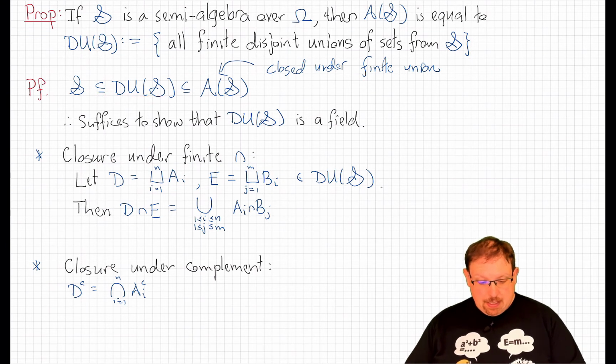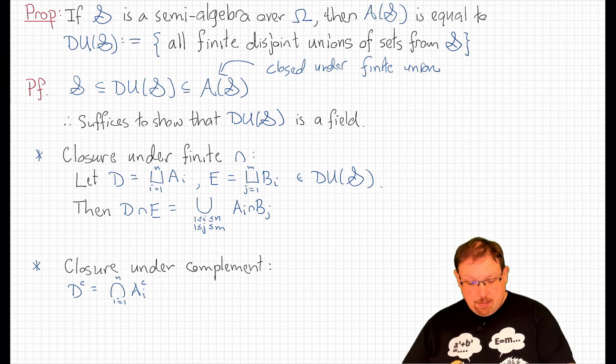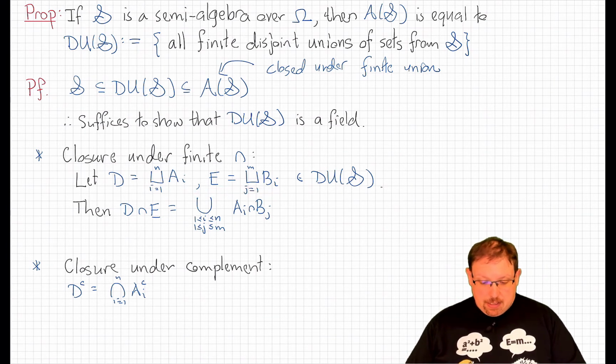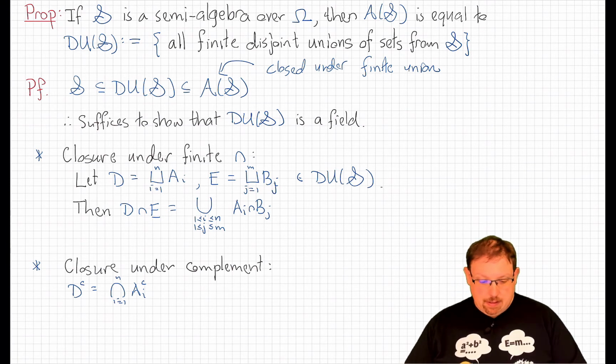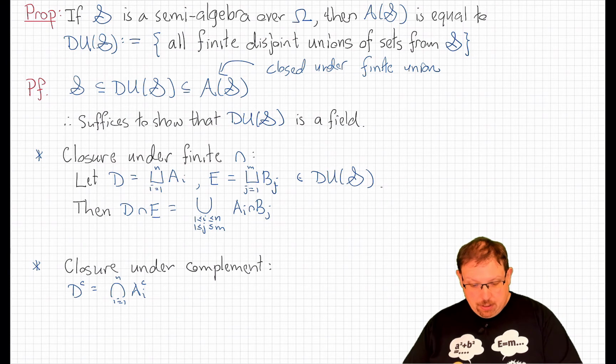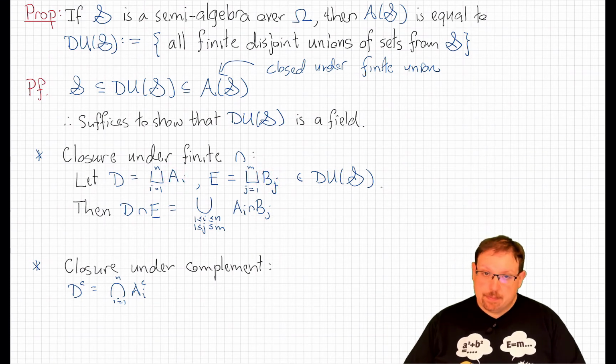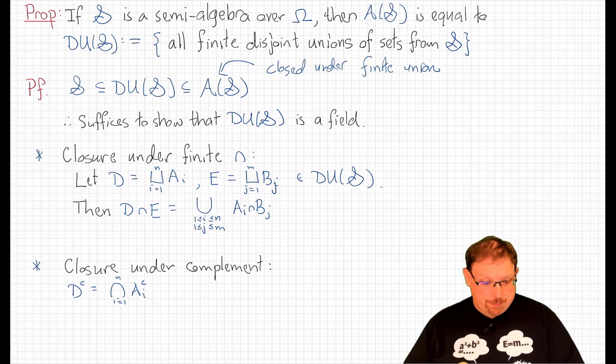S. That means that D can be written as a finite disjoint union of some elements Ai in S, and E can be written as some finite disjoint union of some elements Bj in S. Well then, their intersection is the union of the intersections of the various pieces by De Morgan's laws.